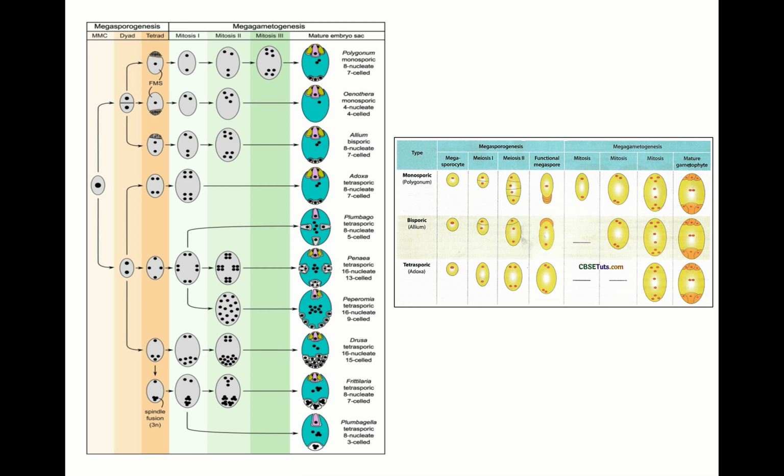Plumbaginella is also a tetrasporic embryo sac. All these, Polygonum, Oenothera, Allium, Adoxa, Plumbago, Penea, Peperomia, Drusa, Fritillaria, Plumbaginella, are the plants that are examples for monosporic, bisporic and tetrasporic embryo sacs.